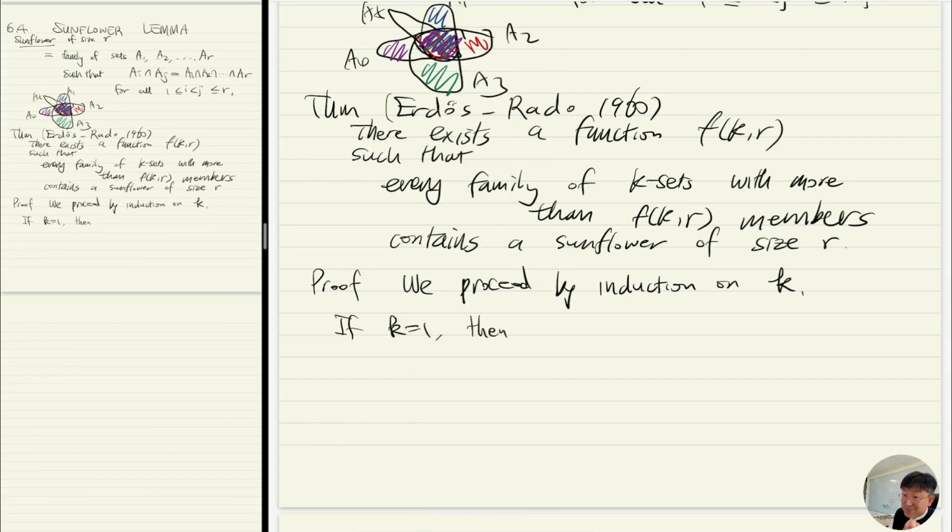Then you have sets of size 1, so you have singletons. When do we have a sunflower? If you have the same element r times, then that's a sunflower. And otherwise, no element is in more than r of them. So each element is in at most r minus 1 of them.